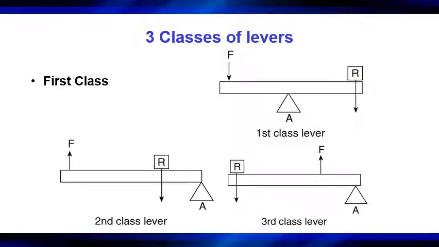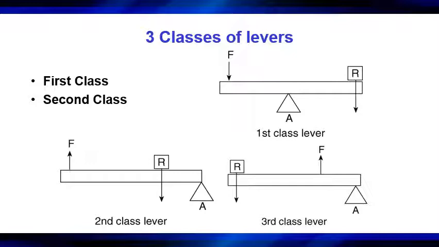The lever on the previous slide, in your textbook, is also a first class lever, because the fulcrum, or the axis, which both mean the same thing, is between the force arm and the resistance arm.